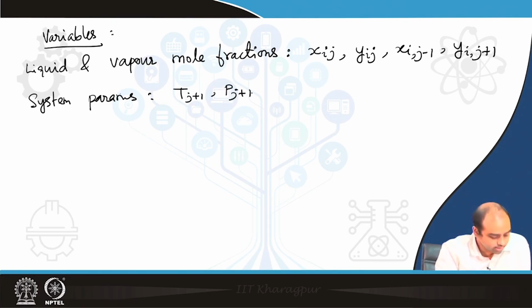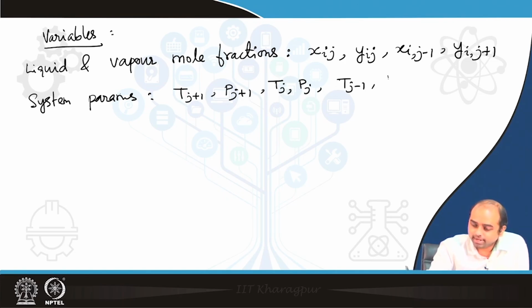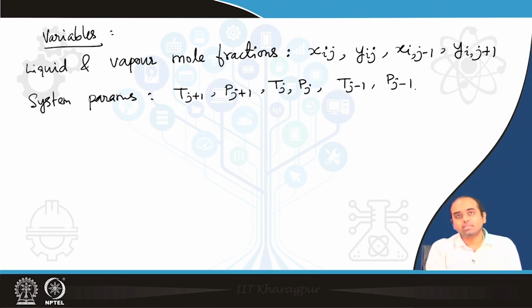So this is for the bottom tray liquid. For the liquid part, these are the bottom conditions that are coming in for the bottom stream. Then you have Tj, Pj, and you also have Tj minus 1 and Pj minus 1. So these are for the top streams, or the stream that is entering the system, vapor streams. These are their conditions.